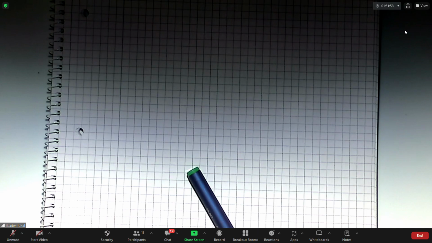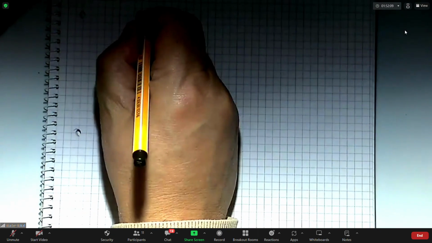Okay, so we have a formal definition for the sequence.